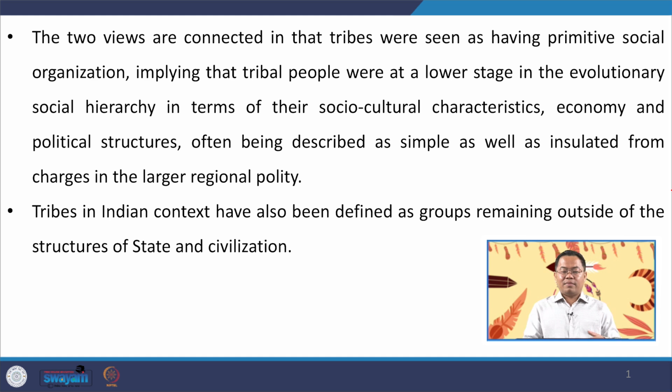But all of them, despite the fact that they have different concepts and different ways of looking at the changes happening in society, in a sense subscribe to this evolutionary thinking, in that they all believe that society will transition from one stage to the other, like from traditional to modern society. So, in that sense, the evolutionary social hierarchy in the context of tribes means that tribes are at the lowest rung of these stages of human evolution.